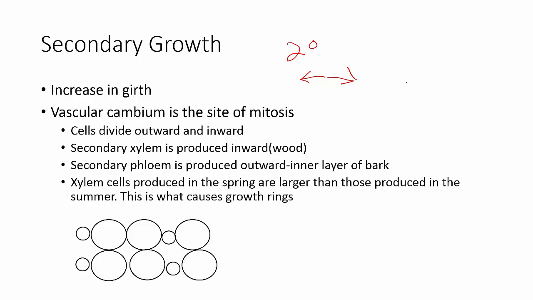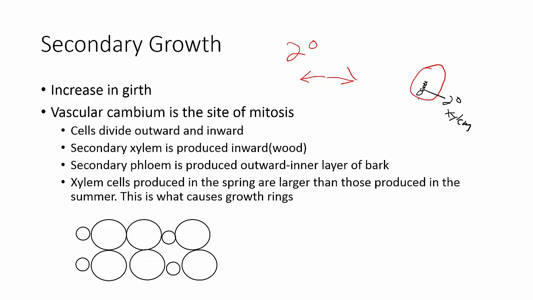It's called the vascular cambium, and it is basically a ring on the inside of the tree. It's a ring of tissue where mitosis can take place. Basically, it's a ring of stem cells, and to the inside, it divides over and over again by mitosis, making secondary xylem.